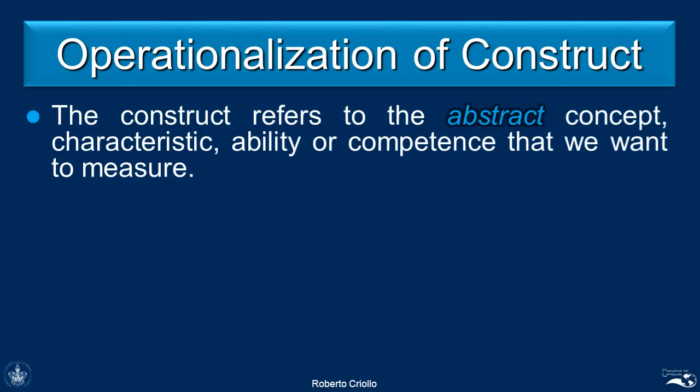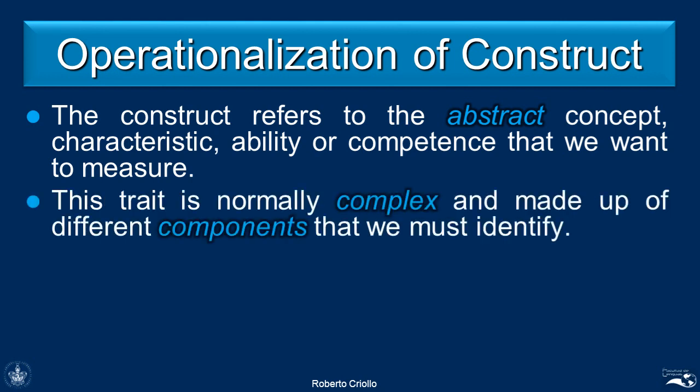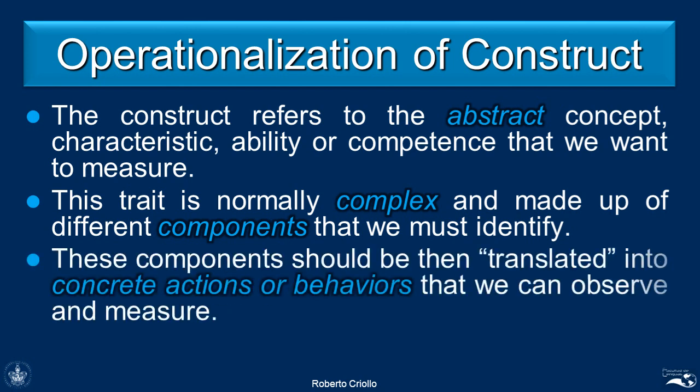Summarizing then, a construct refers to the abstract model of the characteristic, the concept, the ability, the competence that we want to measure. This trait or this construct is normally complex, and it contains different components that we must identify if we want to assess them.